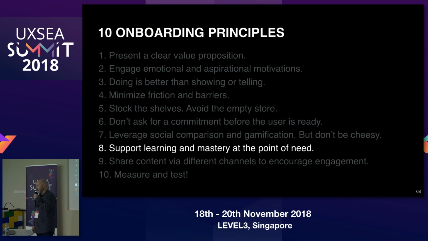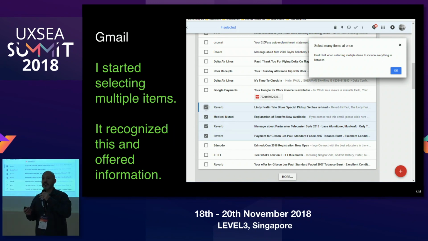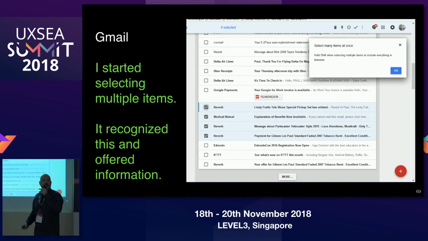Support learning and mastery at the point of need. Pretty simple. Best example I could find was in Gmail on the web browser. I was selecting multiple items, and we're all kind of used to the idea that sometimes a web app will let you take desktop-like actions like shift-click, and sometimes they don't, so we're never sure.